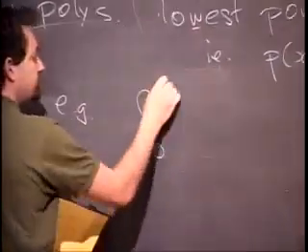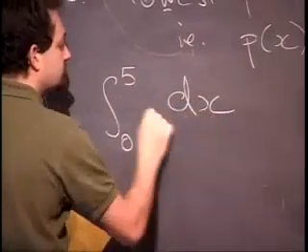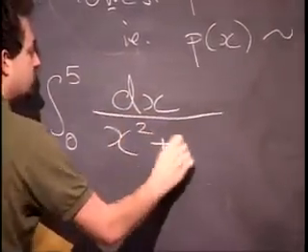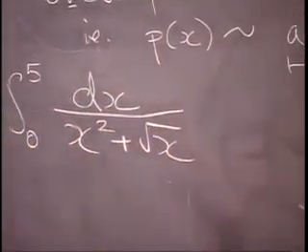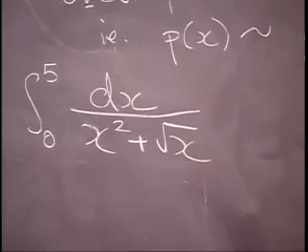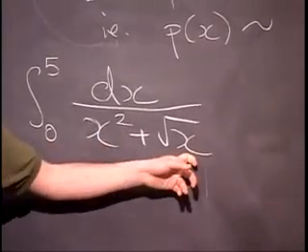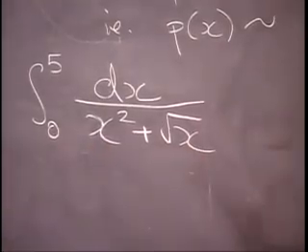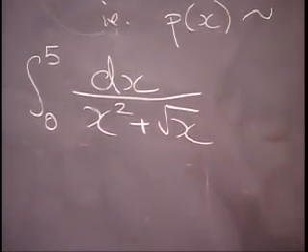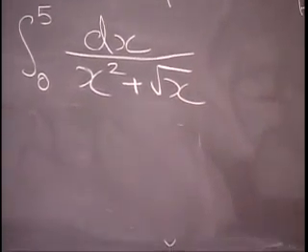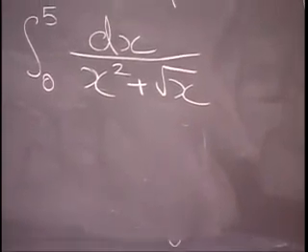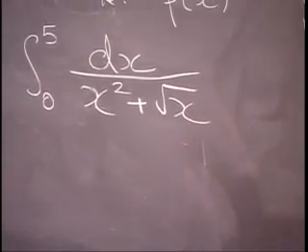Consider the integral from 0 to 5 dx over x squared plus root x. So what are the powers on the bottom here? You have x squared and you have x to the 1/2. So which one is more important at 0 or near 0? X to the 1/2. The lower power dominates there.